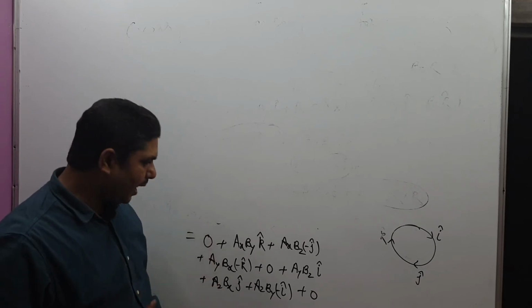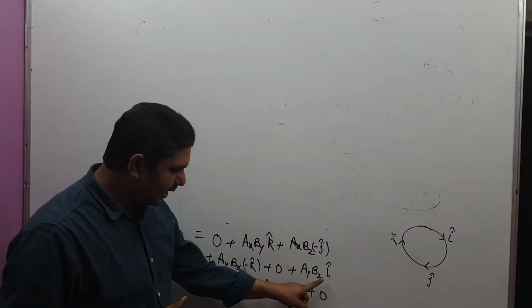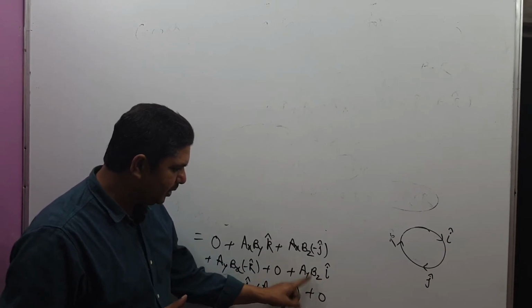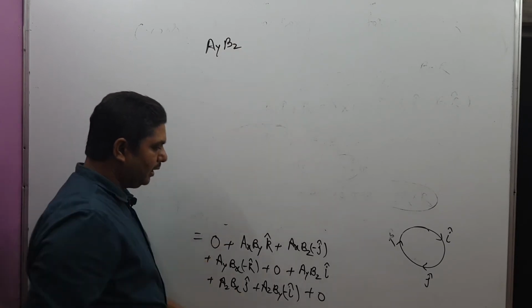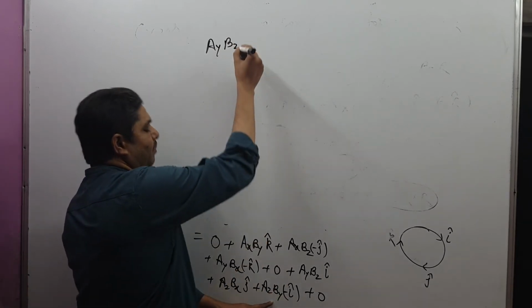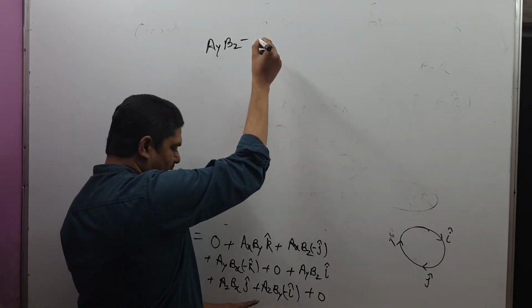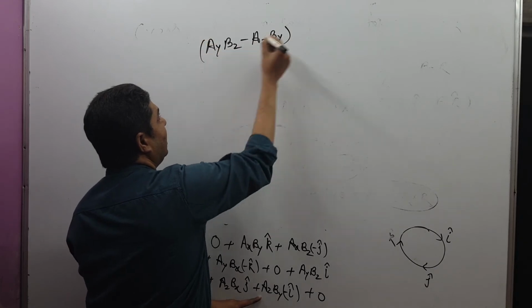So where is the i cap? Here is i cap and here is i cap. So this i cap has the coefficient AY BZ. So write AY BZ, and here you have AZ BY. So put a minus sign. So write the minus sign and put AZ BY. Let i be common.